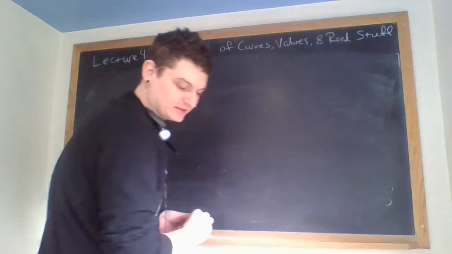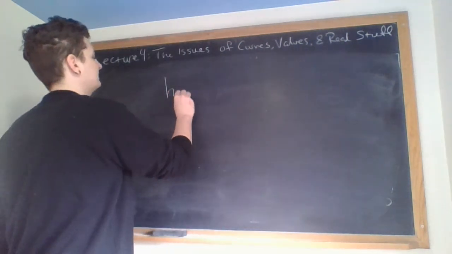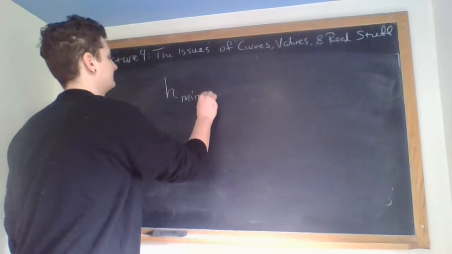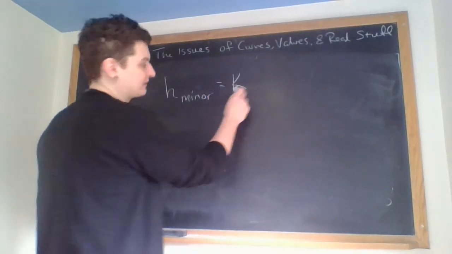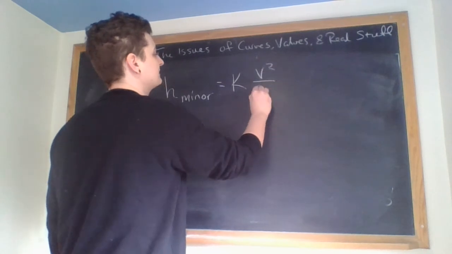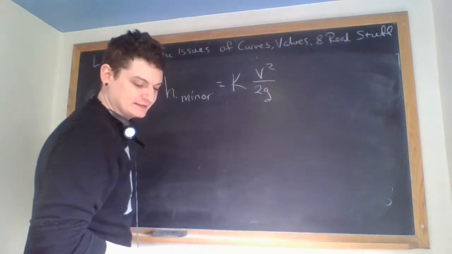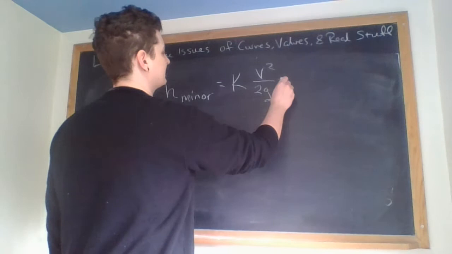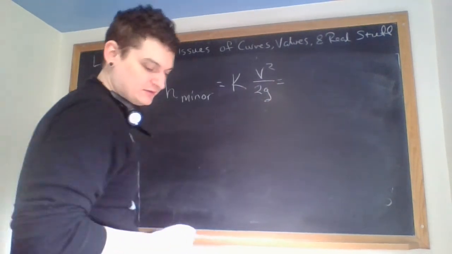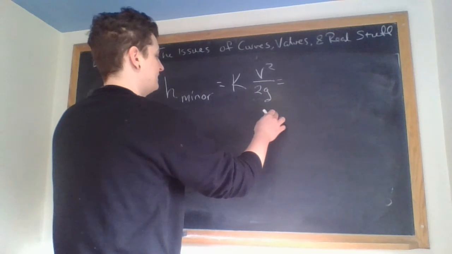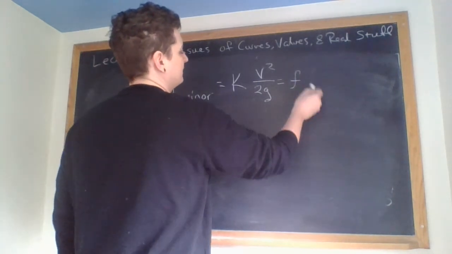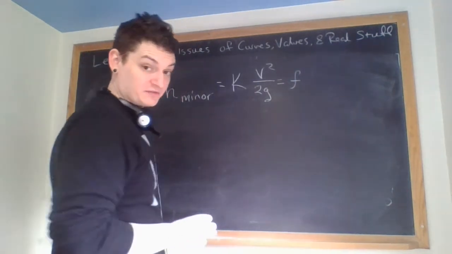But what is the equivalent length? Well, they're not that bad because remember the minor head losses. What were they? You have some head loss coefficient that is from measurements, your velocities, and you say that you want to make this an equivalent length. So you want to make it look like a Darcy friction factor.